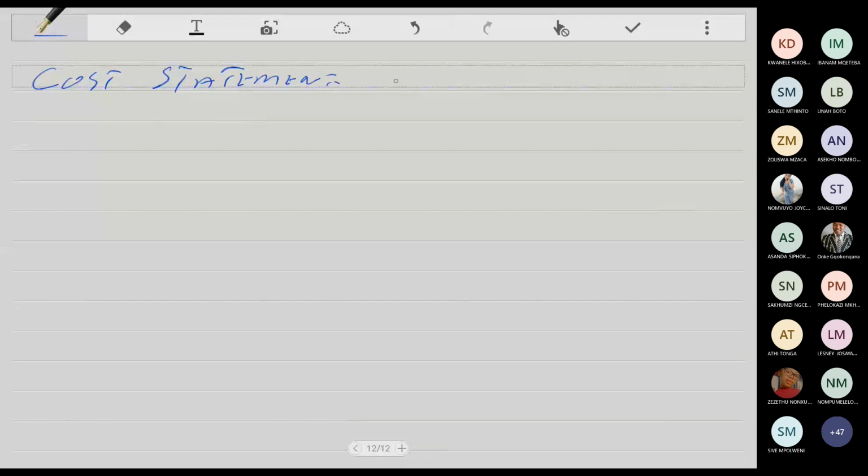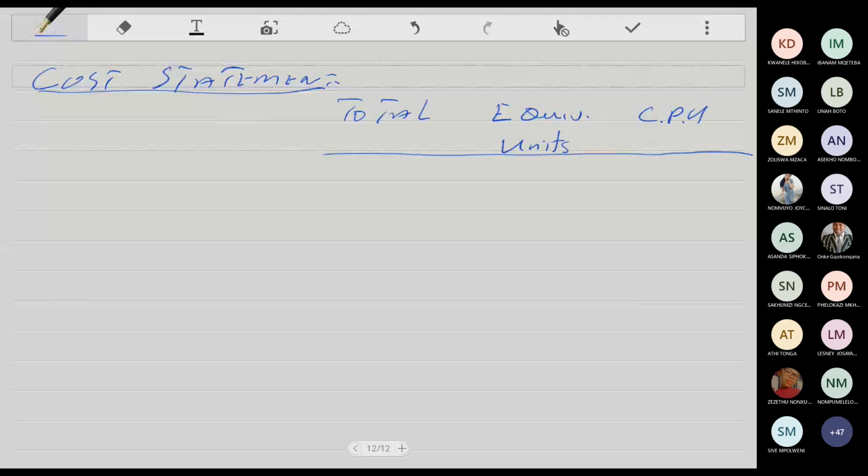Again, we're not going to change anything in respect of the columns. We're still looking at the total cost, your equivalent units, and your cost per unit. It is still the same.